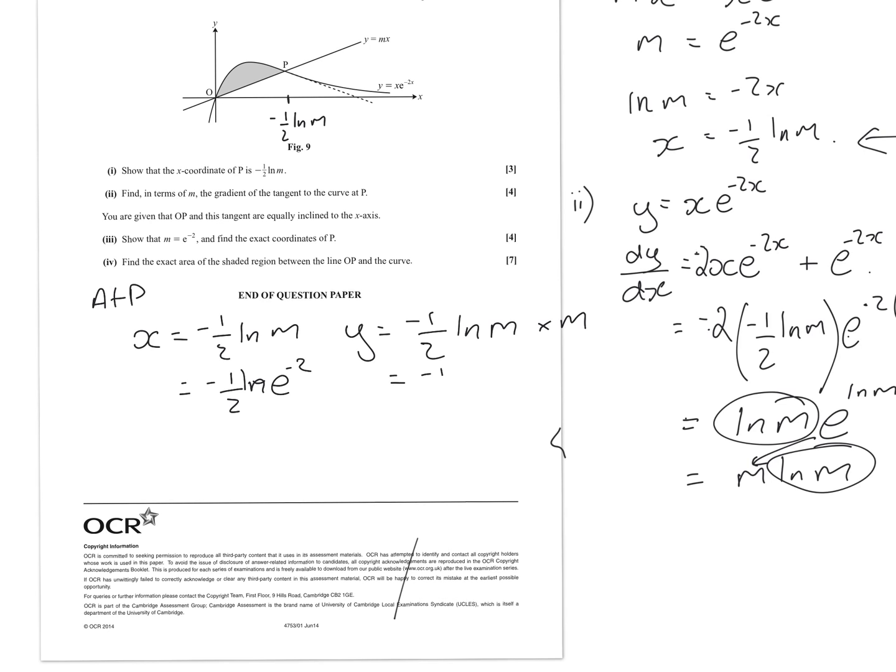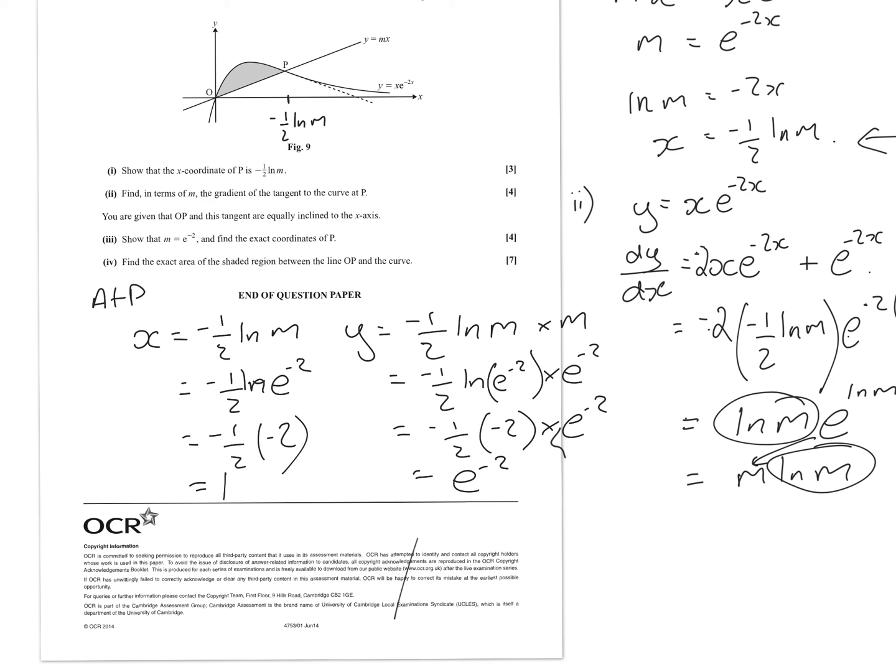The y coordinate is minus a half ln e to the minus 2 times e to the minus 2, which is e to the minus 2. So x is 1, y is e to the minus 2.